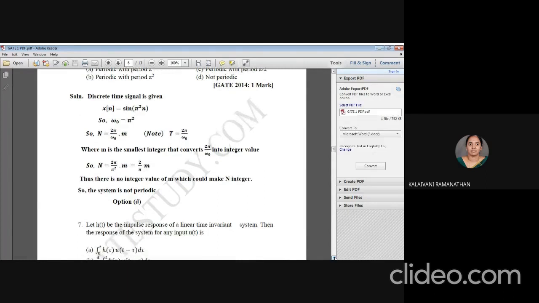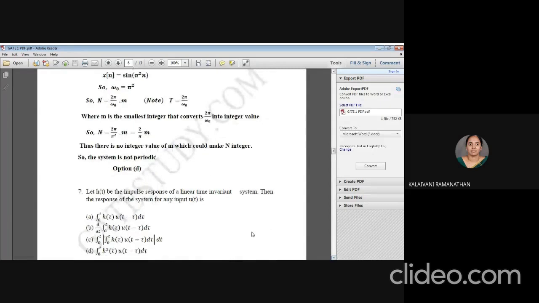An impulse response means that y of t is equivalent to x of t star h of t, where the star represents a convolution operation. So here the input is u of t and the impulse response is h of t.